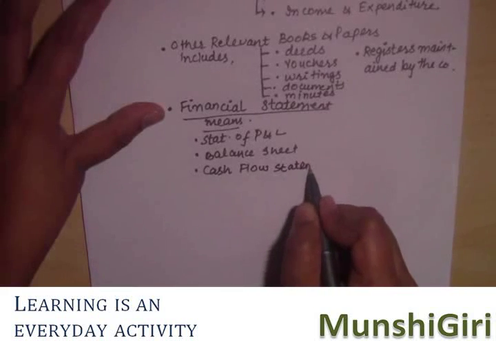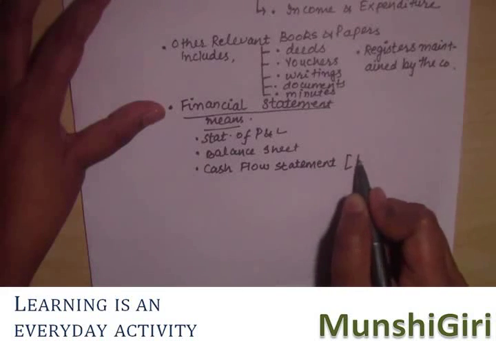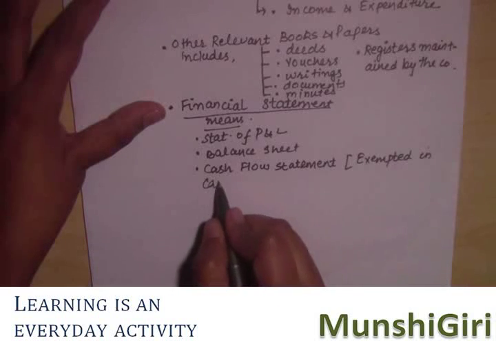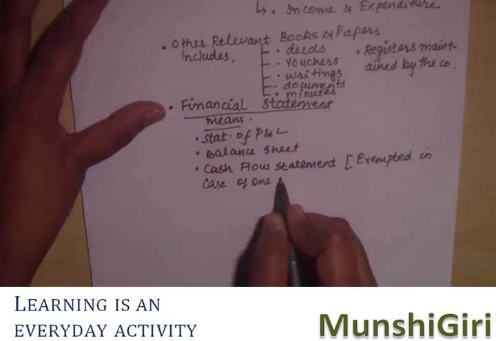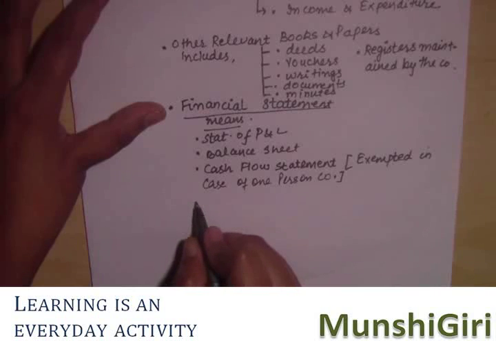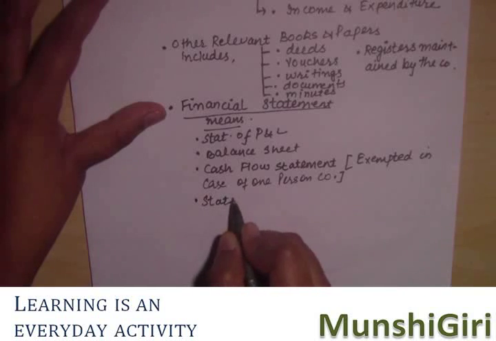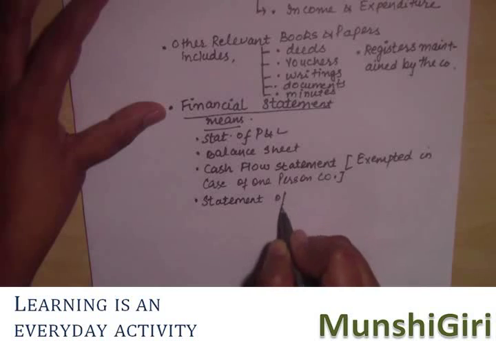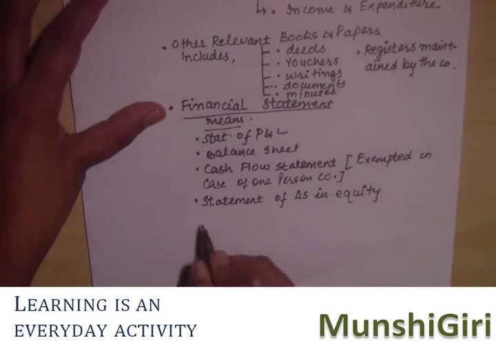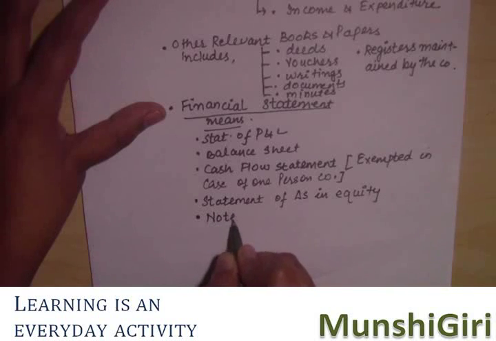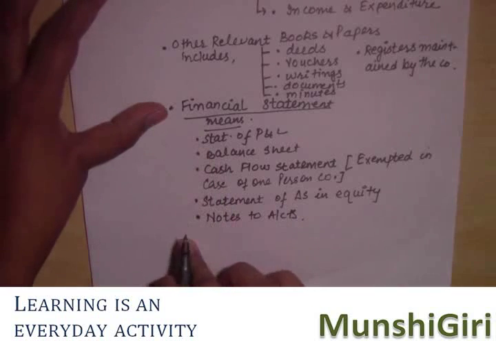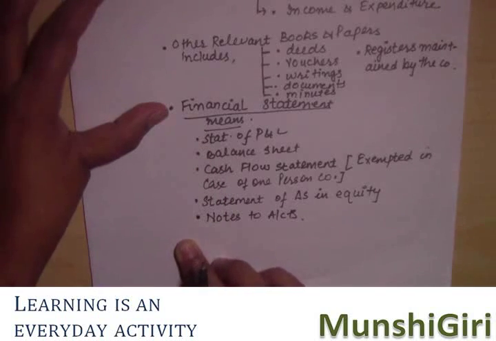Cash flow statement is exempted in case of one-person company. Statement of changes in equity, and the notes to accounts. All these form part of the financial statements.